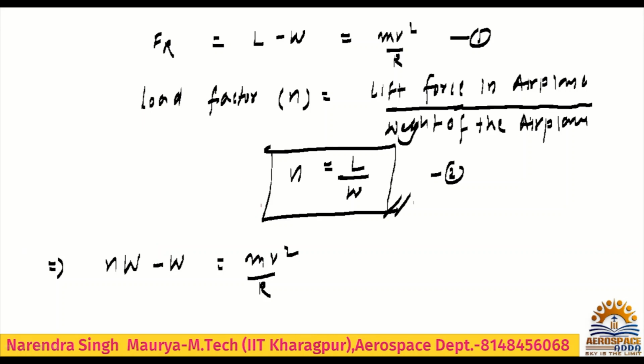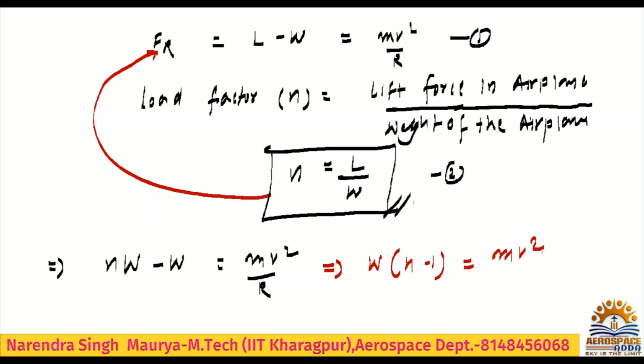We can write W into n minus 1 is equal to mv square by r.